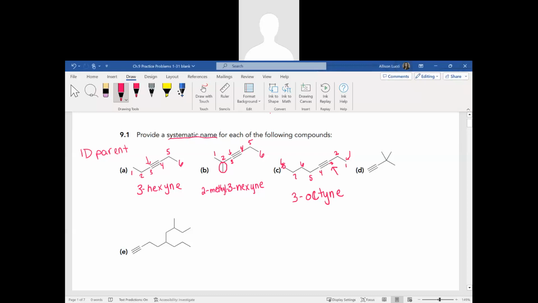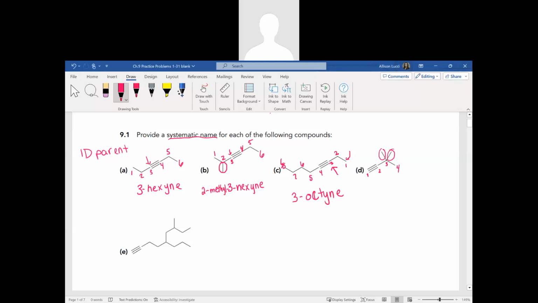Let's take a look at D now. The longest chain would be 1, 2, 3, and then no matter which way we go, we're going to have 4 carbons in our longest chain that contains our triple bond. We have 2 methyl substituents on this carbon 3 here. And remember, our triple bond must be prioritized as the lowest numbering.